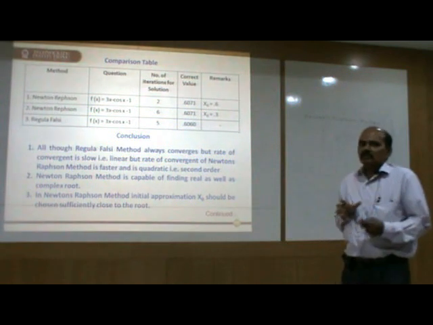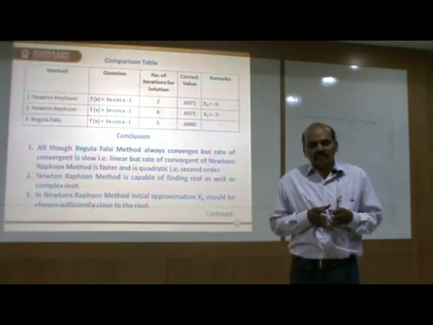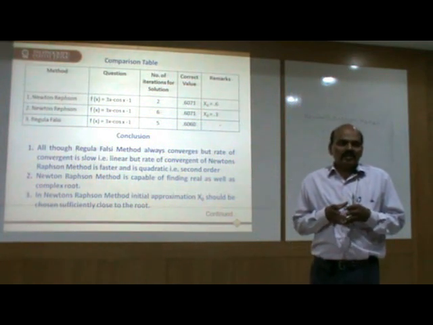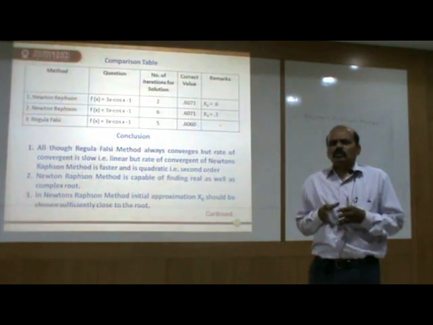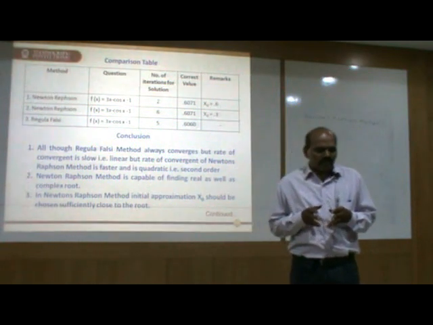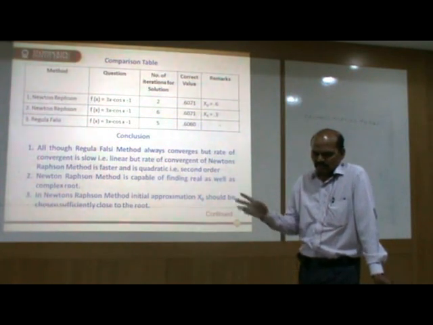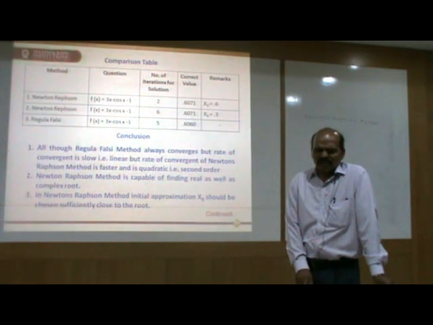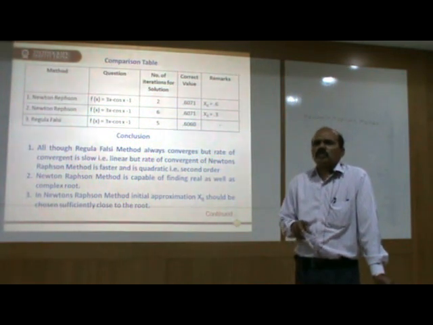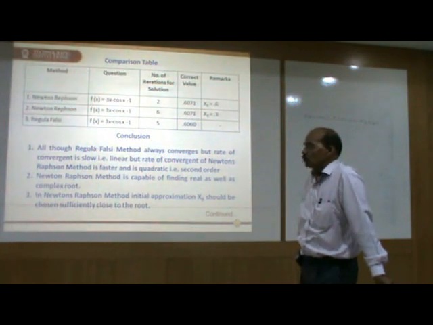So from this we conclude that Newton's Raphson method is faster than regula falsi method, and if f dash x0 is not equal to 0, then we should use Newton's Raphson method to solve a transcendental equation rather than the regula falsi method. Although regula falsi method always converges to the solution, its rate of convergence is slow.